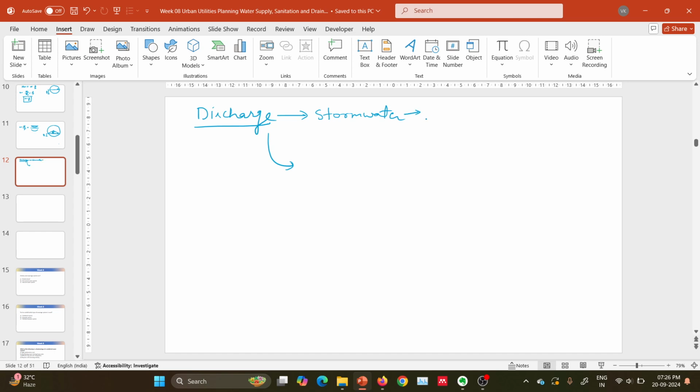Stormwater will come for a small duration, and another one is from domestic wastewater. So the discharge has two components. One is stormwater, that is for a very small duration, but at that time, that discharge is high.